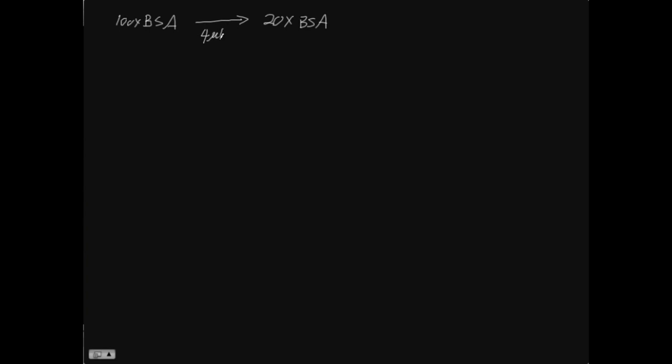This means it's a 5 times dilution. So if we start with 4 microliter 100x BSA, add 16 microliter water, that gives a total of 20 microliter, and that's a 5 times diluted BSA, which is 20x.